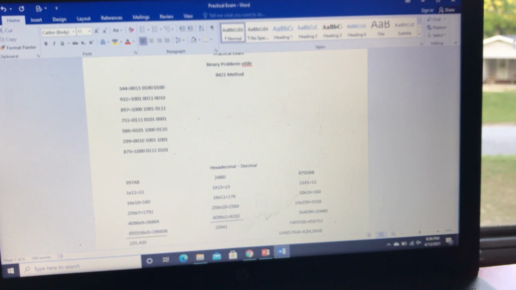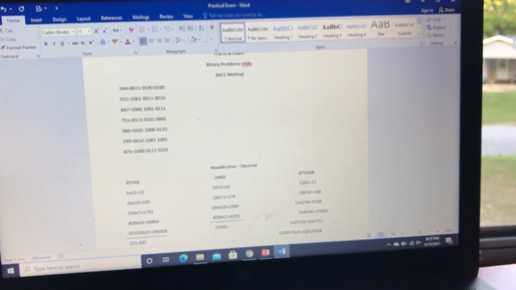Then you go over to 2ABD. Like I said, you always multiply that first number or letter times 1. D equals 13, so you multiply 1 times 13. Then you would do 16 times 11 and you would get 176. Then you would do 256 times 10 and get 2,560.